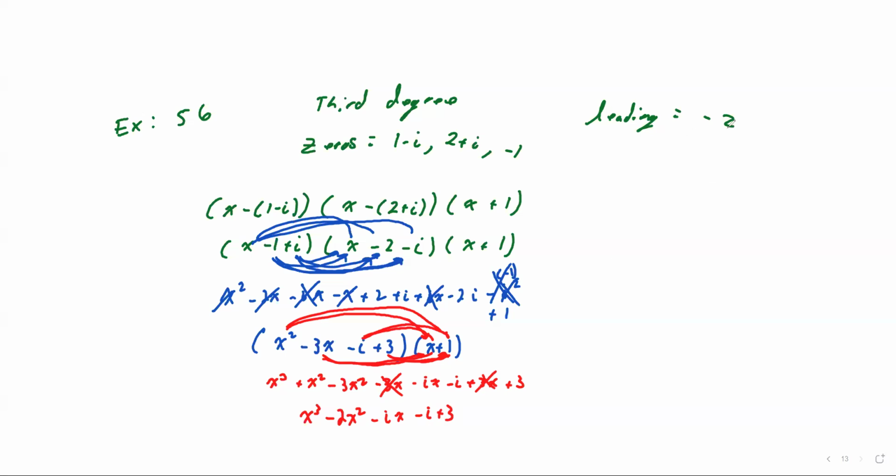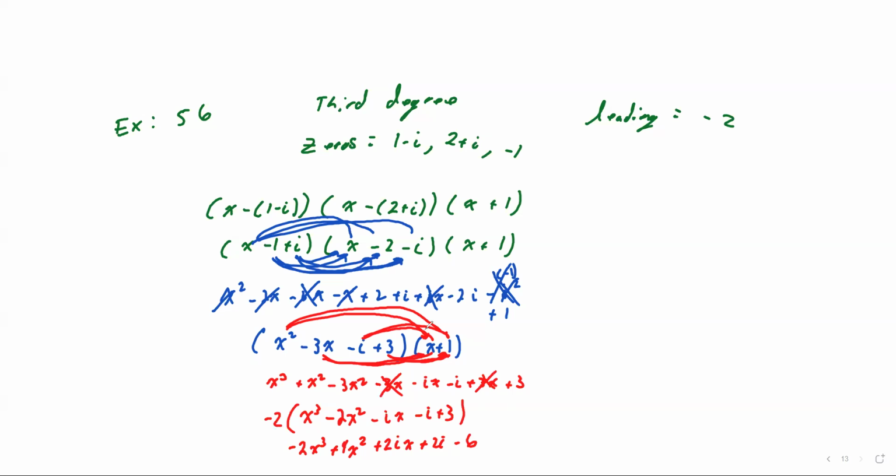And then it says the leading coefficient needs to be a negative 2. So the very last thing I'm going to do is just multiply by negative 2. So this gives me negative 2x cubed plus 4x squared plus 2ix plus 2i minus 6. All righty. Let's see how far off we were. Looks like we were dead on perfect.